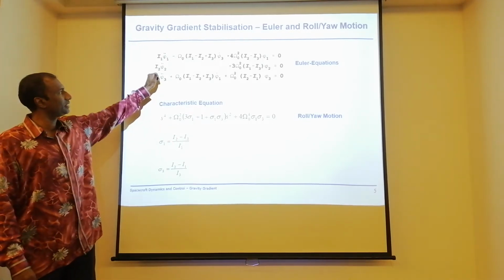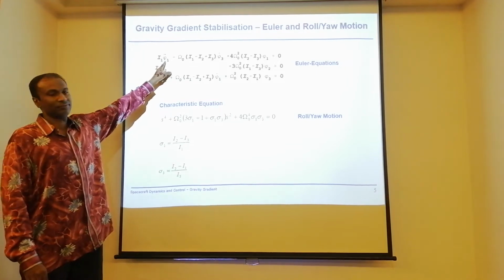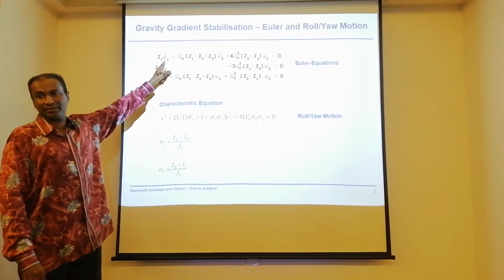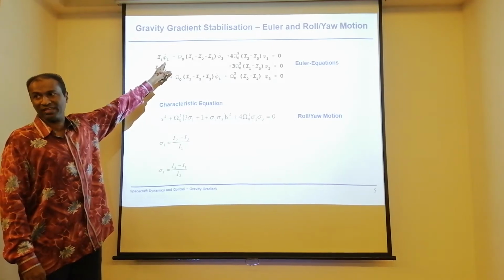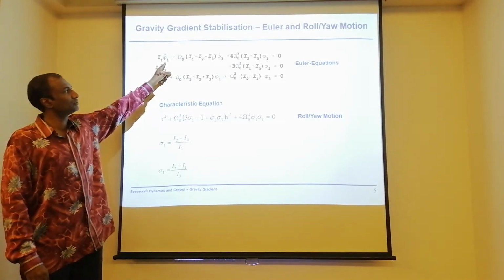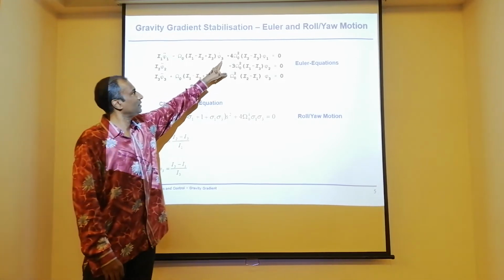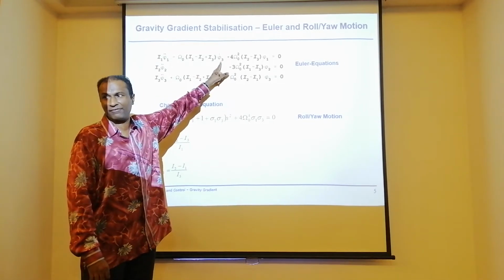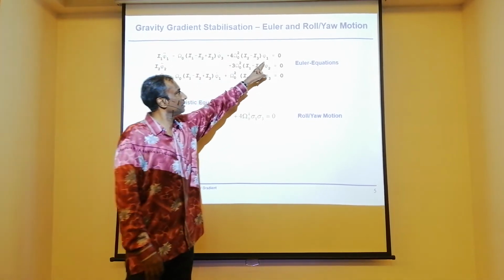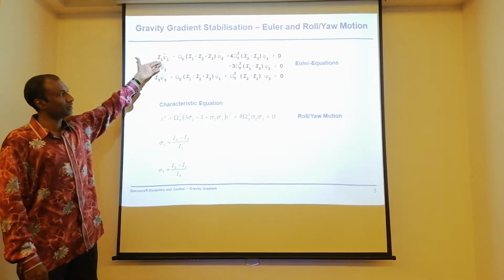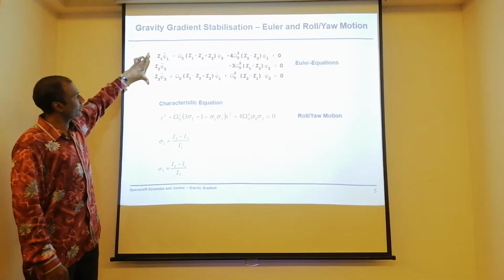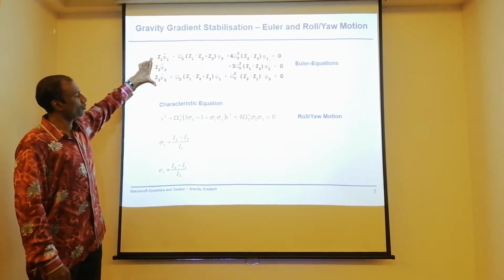For example, in this case, phi1, I write in Laplace form as s square phi1. That will actually solve this job. Phi3, s phi3, phi1. I can express this equation into Laplace form, and I have roll and yaw motion.